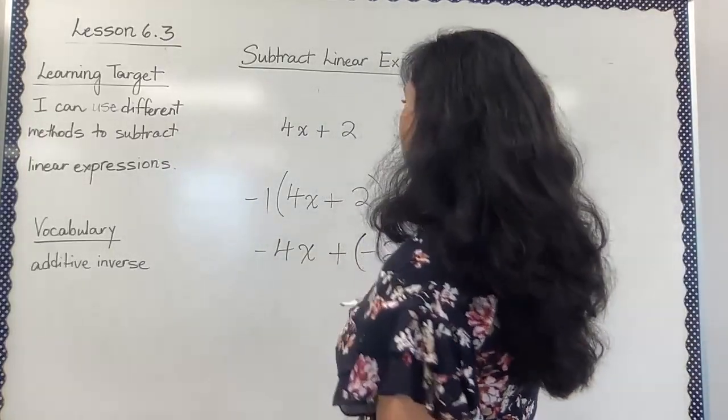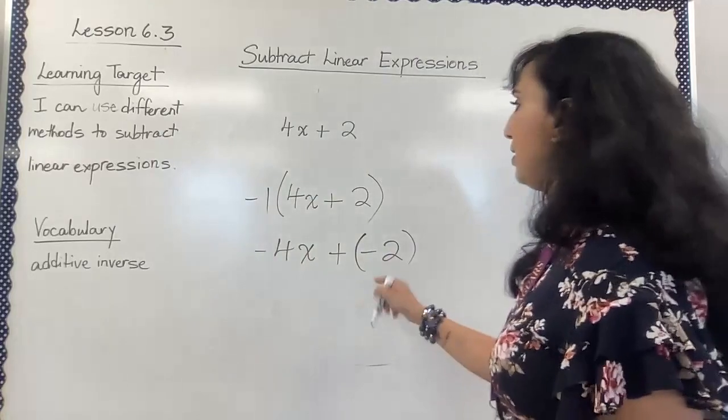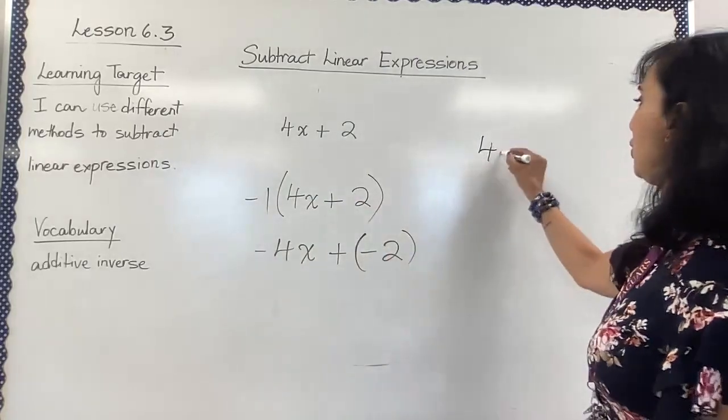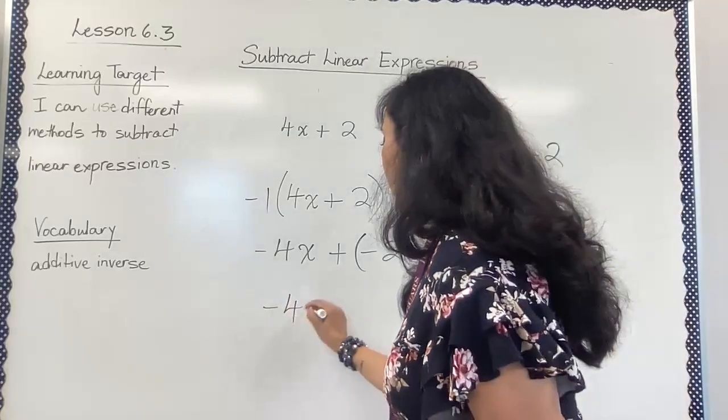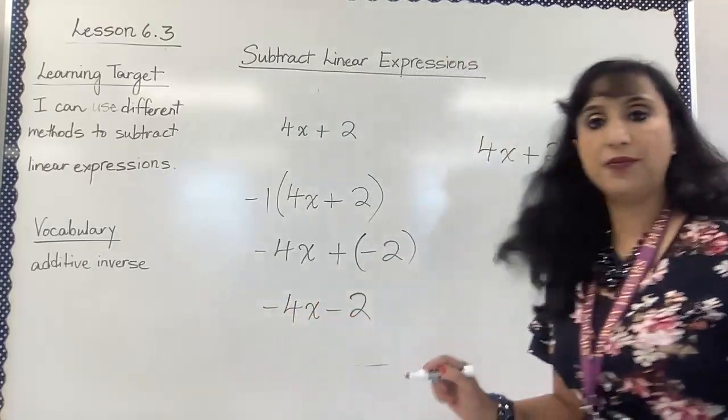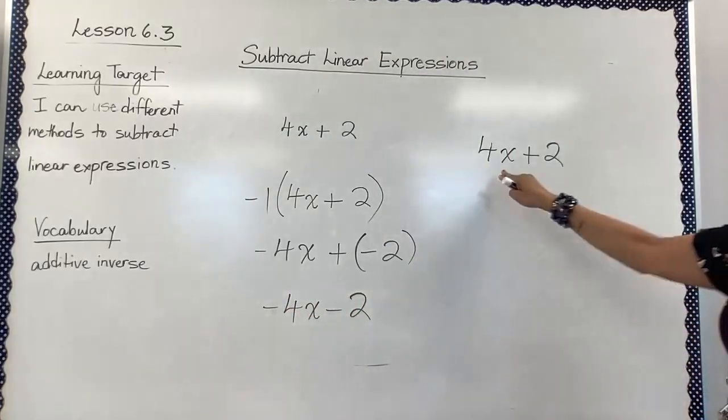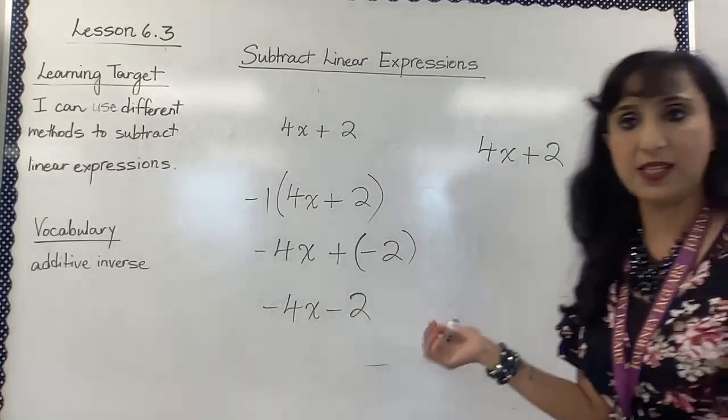So 4x plus 2 becomes negative 4x minus 2. What am I doing? I'm just flipping the signs in this case.